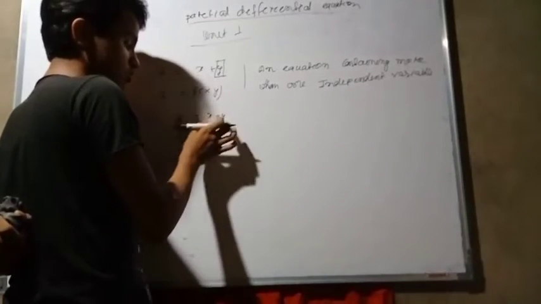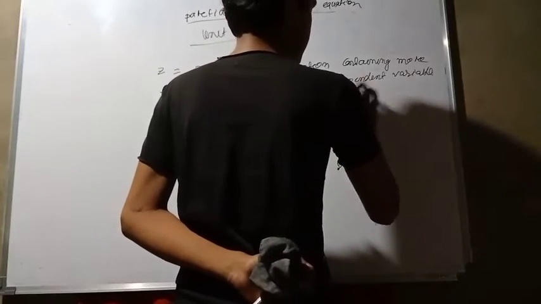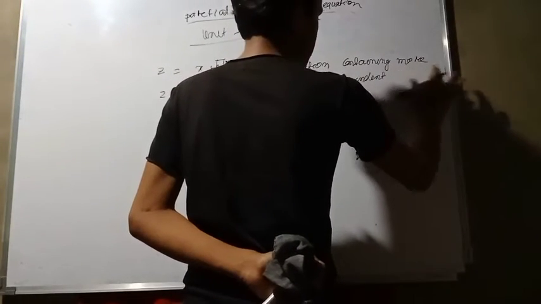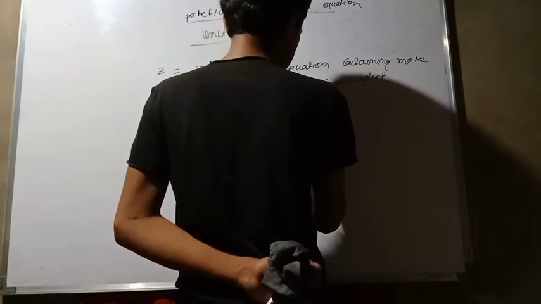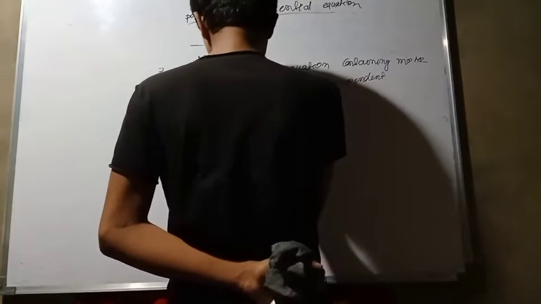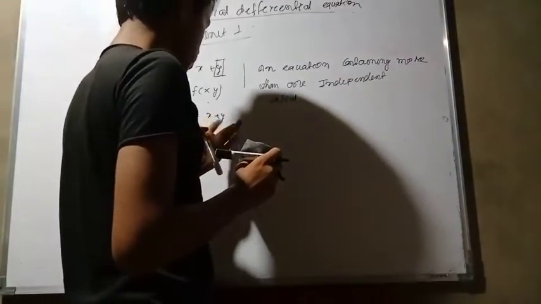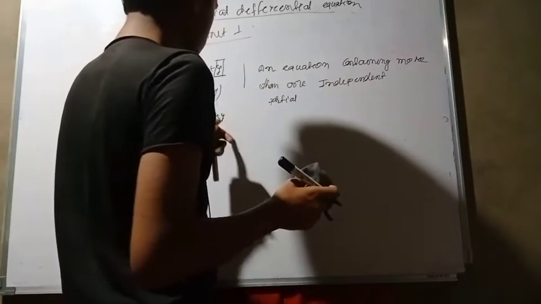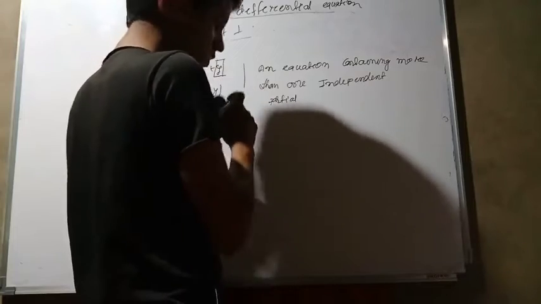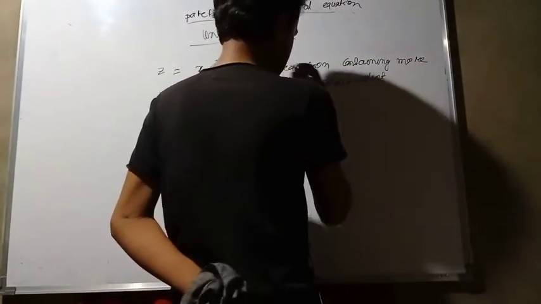When we differentiate z with respect to x, it is free from y, so we have an independent partial derivative. Why is it called a partial derivative? Because we have a function of x and y and differentiate with respect to only one, leaving the other, so it is one-sided.